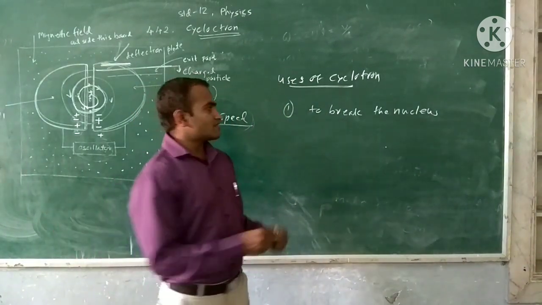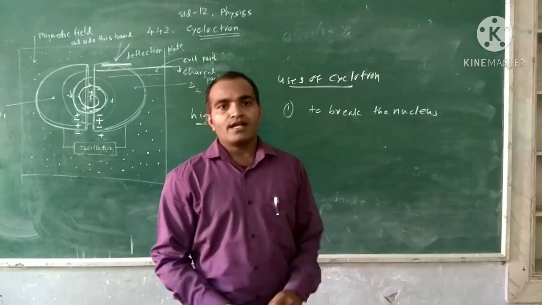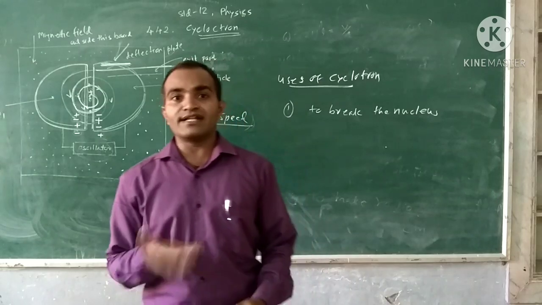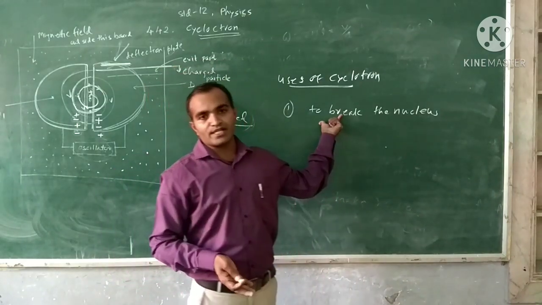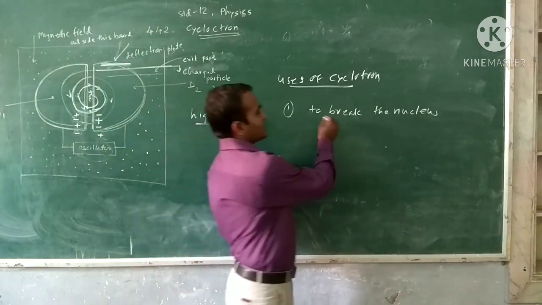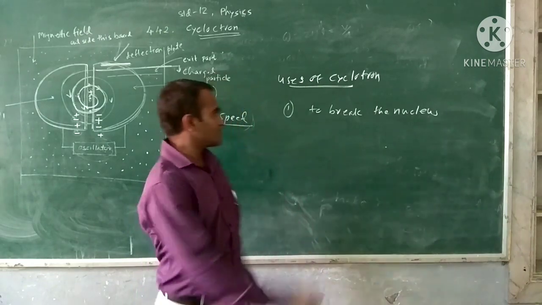When you collide with any nucleus at large speed, it will break, and after breaking, it will radiate some kind of radiation. By the radiation, you can study the properties of that material. So it is one of the uses: to study the properties of the material.